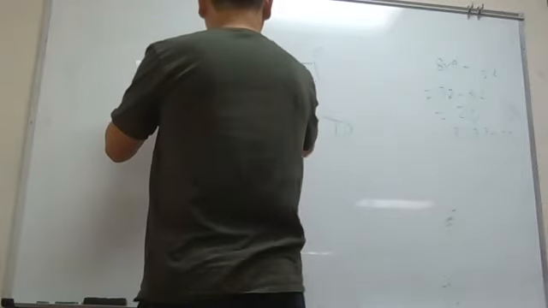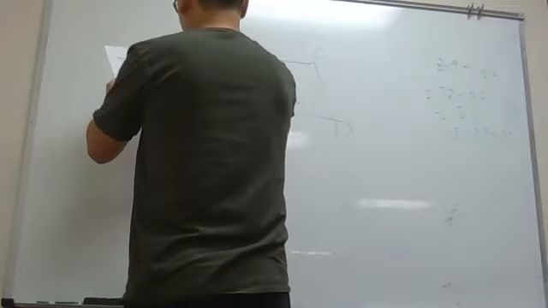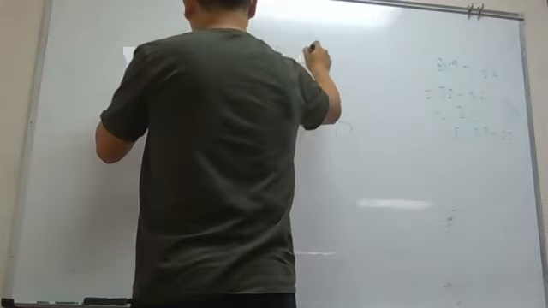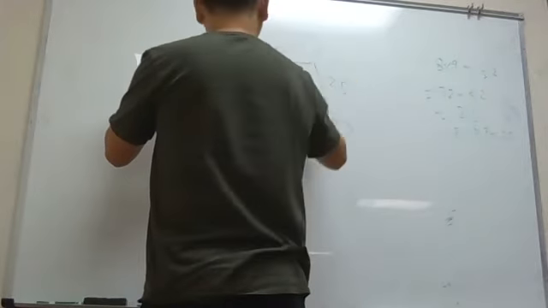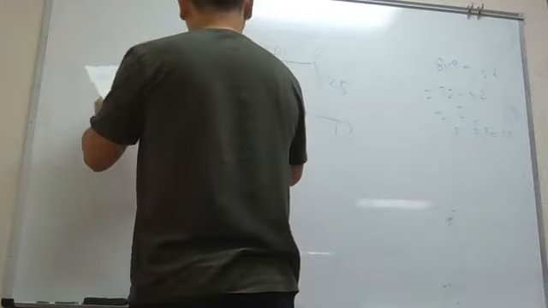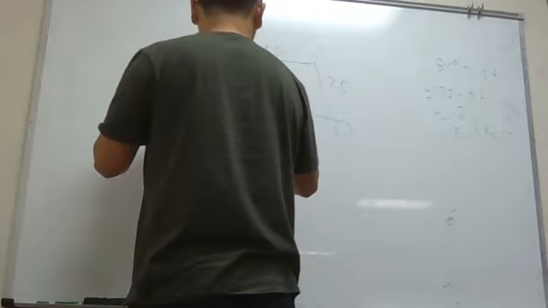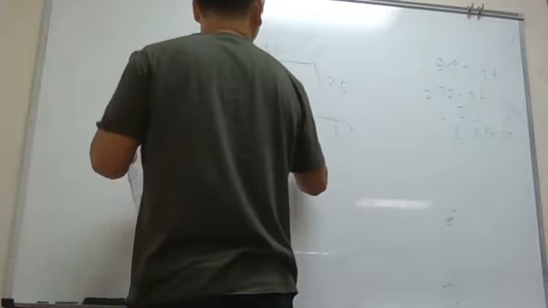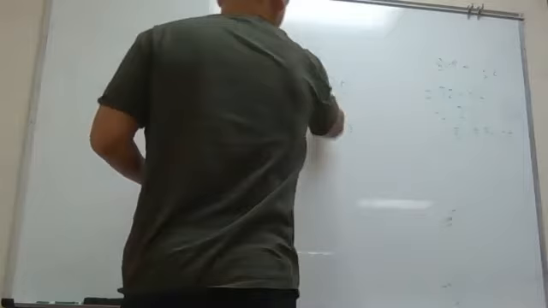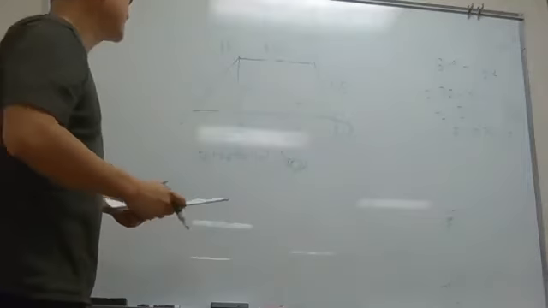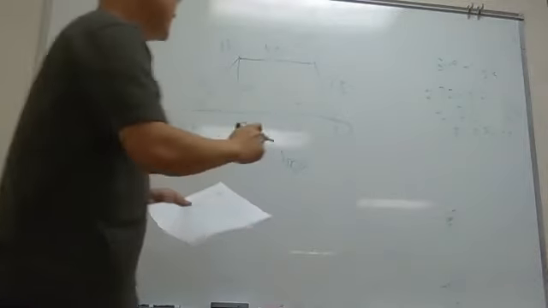BE is 24, AB is 30, BC is 50, CD is 25, and you ask about the perimeter of ABCD. We already have AB, BC, and CD. The only thing left is AD. So how do you get AD?